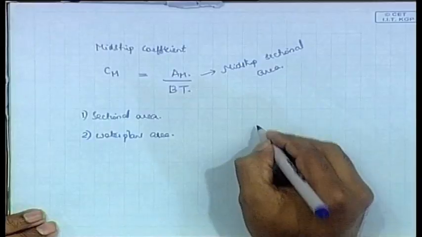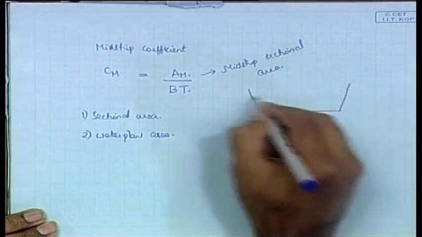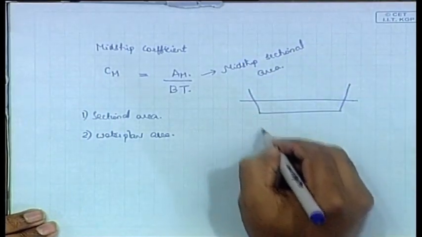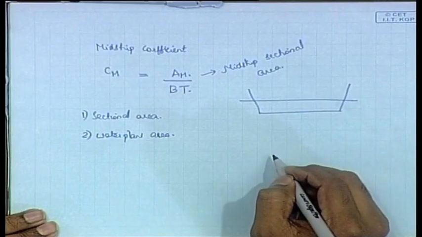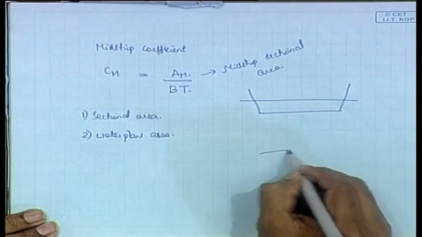Then the next one, water plane area, is if you slice like this. You take a ship, you slice it like this, and when I look from the top, it will be like this.